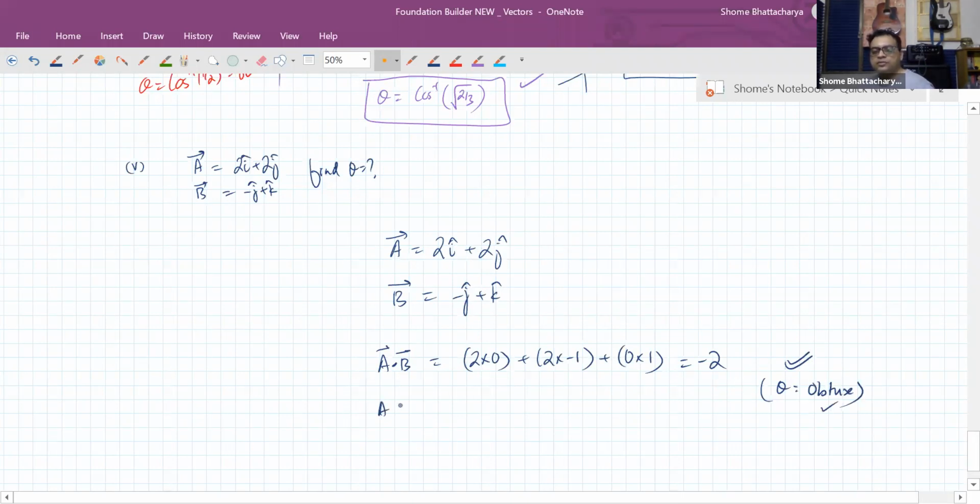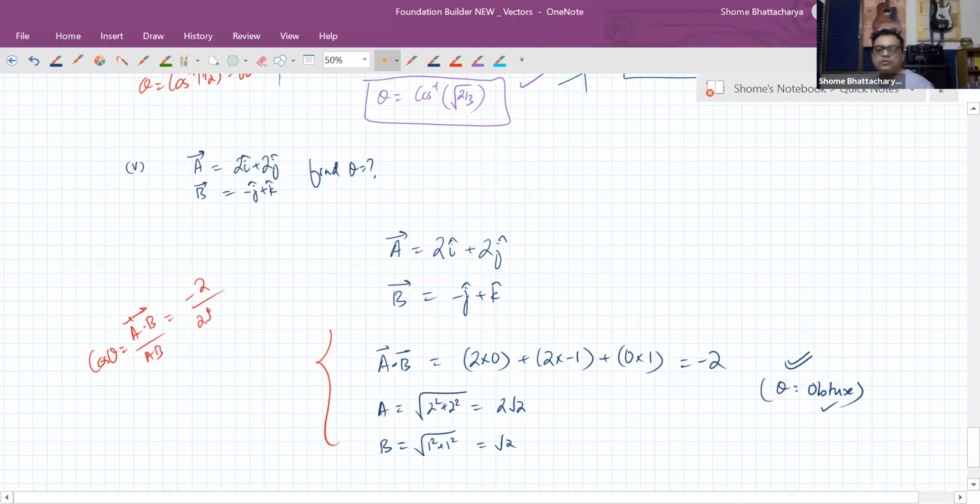Okay. Then magnitude of the vector A is 2 root 2, and magnitude of the vector B is root 2. So now from this we can see that cos theta is minus half. You should be getting minus 2 upon 2 root 2 into root 2.